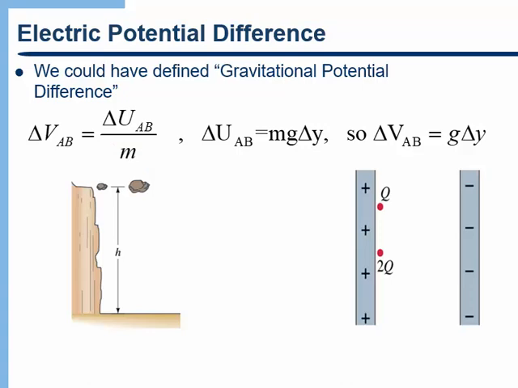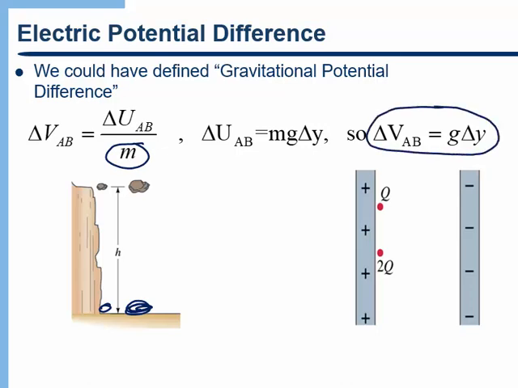We mentioned a few minutes ago that these objects do not have the same gravitational potential energy. The bigger mass has more gravitational potential energy. But there is something that's the same for these two objects as they fall from there down to here, and that is the gravitational potential difference. Because if we divide by M, delta V would just be g delta y.